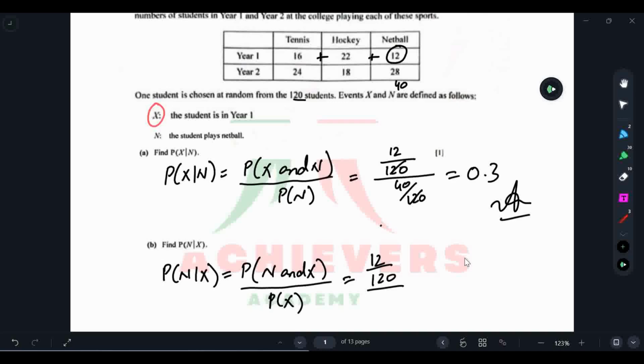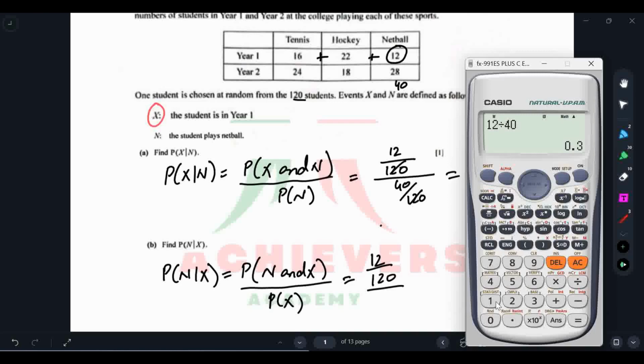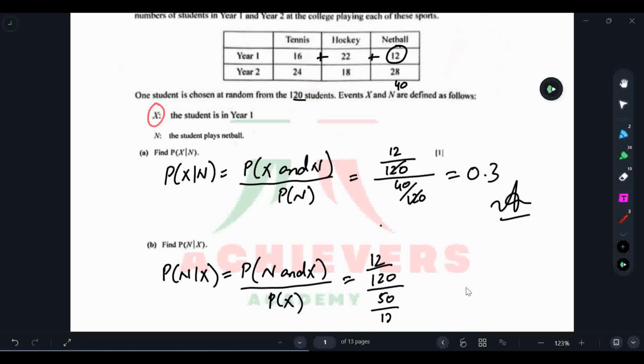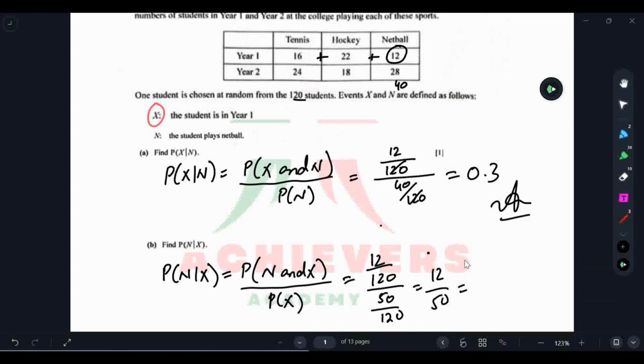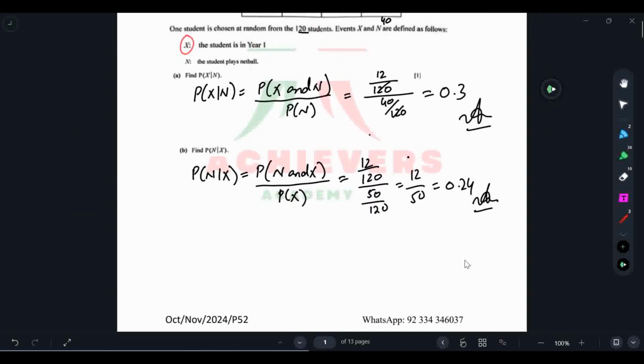So 16 plus 22 plus 12, which equals 50. 50 divided by 120. So this will be 12 by 50, and 12 divided by 50 equals 0.24. This will be the final answer. Let's move to the third one.